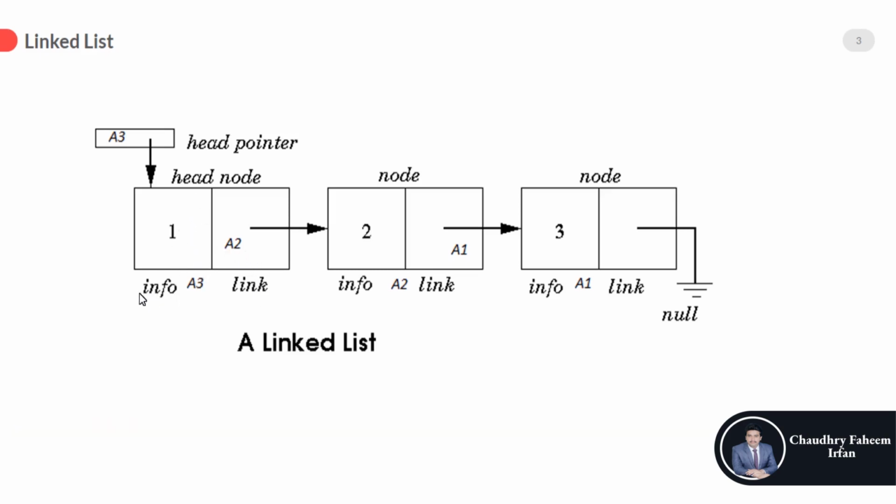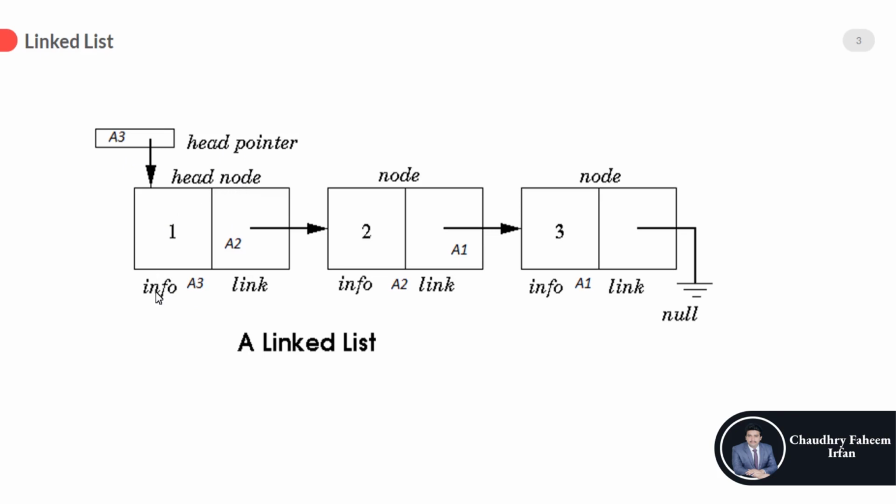So here the information or data is 1, and the link part contains the link of the next node. So the head pointer stores the address of the head node, which is A3.